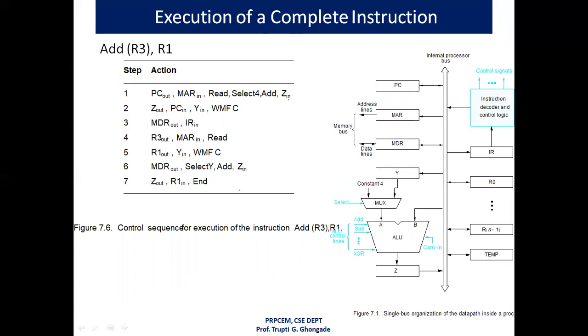So in step 1, the instruction fetch operation is initiated by loading the contents of PC into MAR. Now your PC is pointing to this instruction. We are loading the contents of PC into the MAR and sending a read request to the memory.